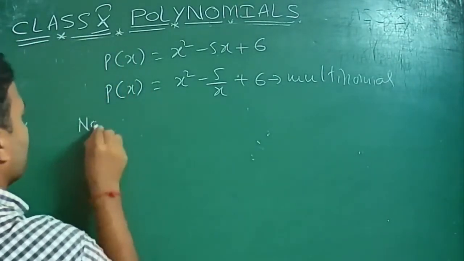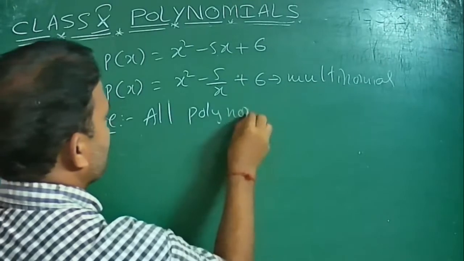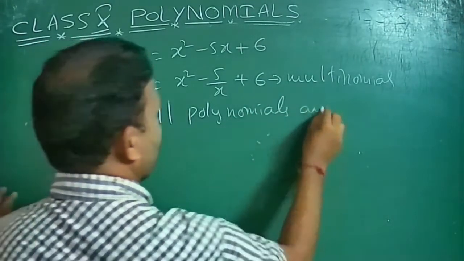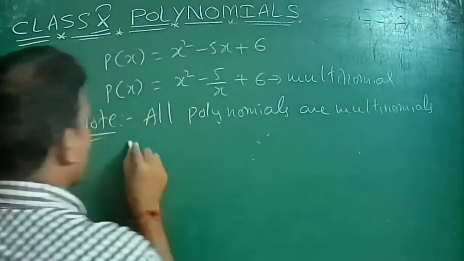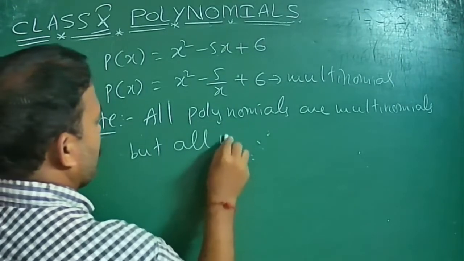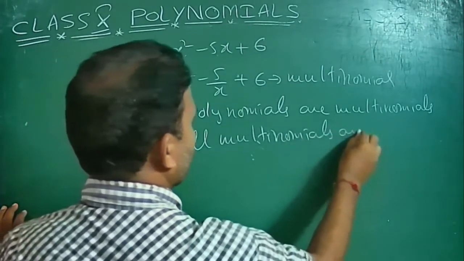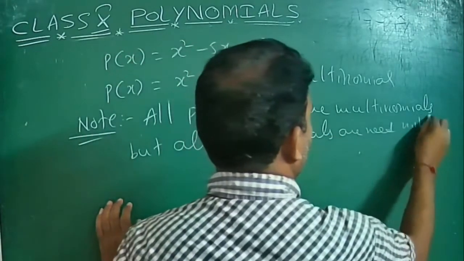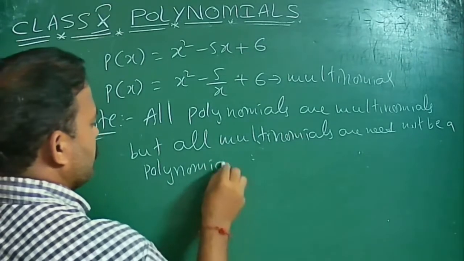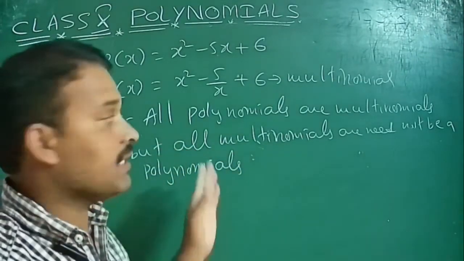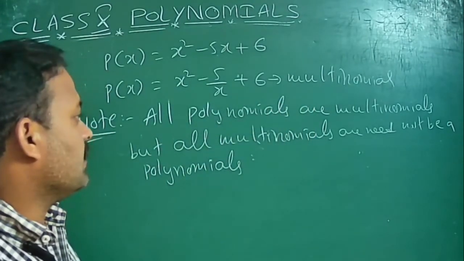One condition is very important: all polynomials are multinomials, but all multinomials need not be polynomials.